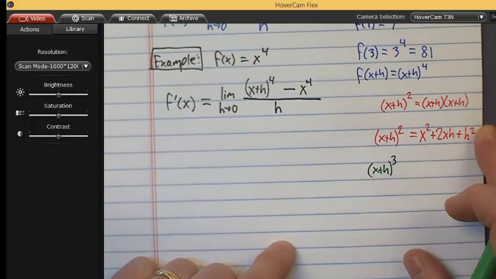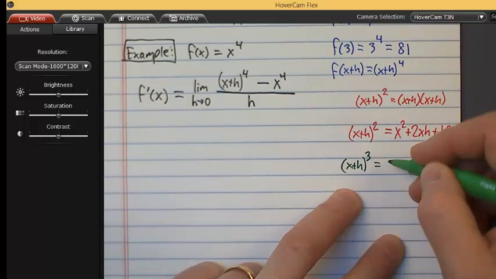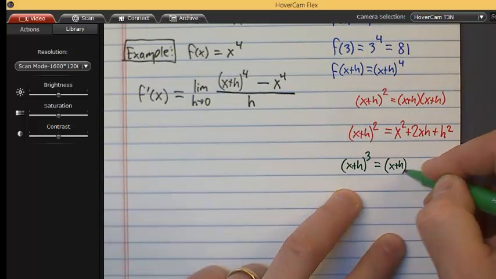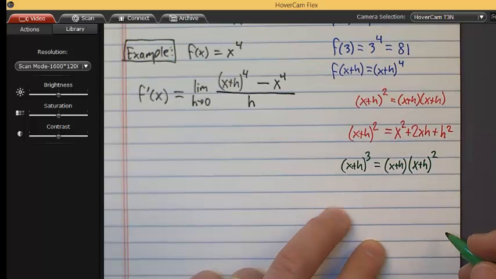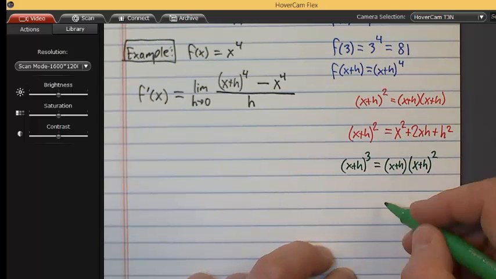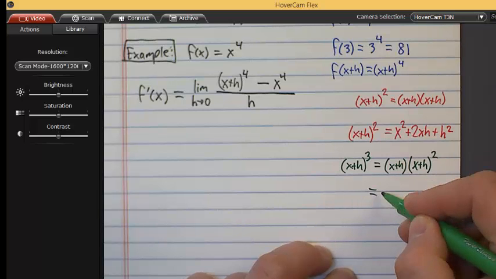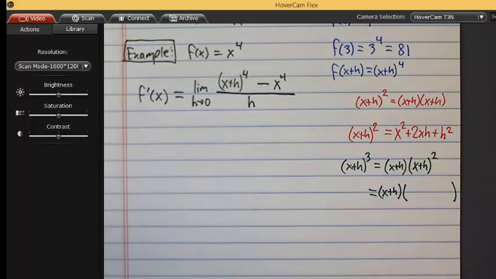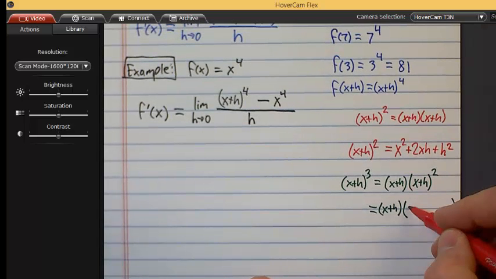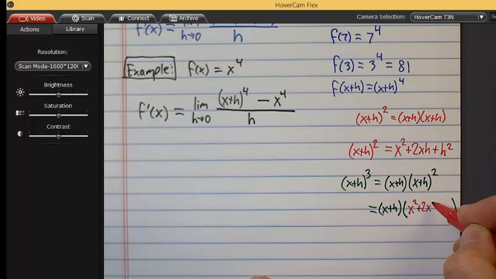That means x plus h times x plus h squared, which I just did. It's x squared plus 2xh plus h squared.